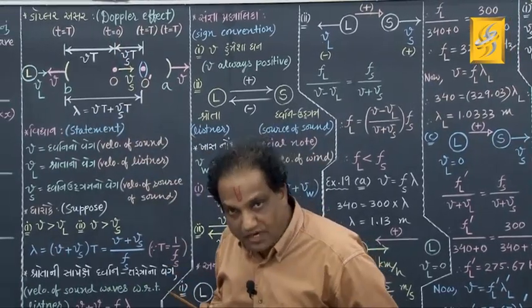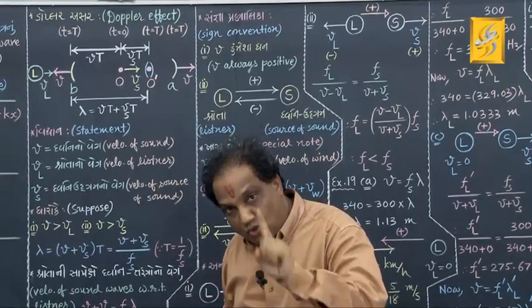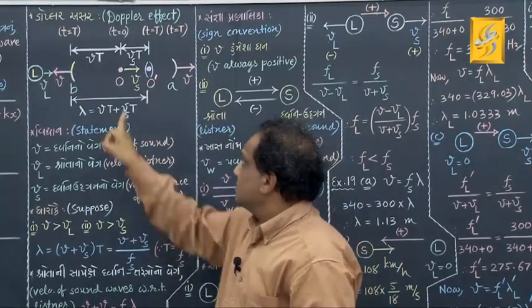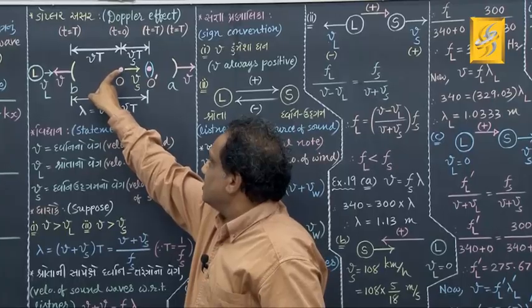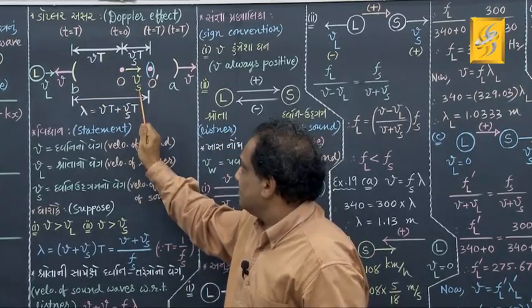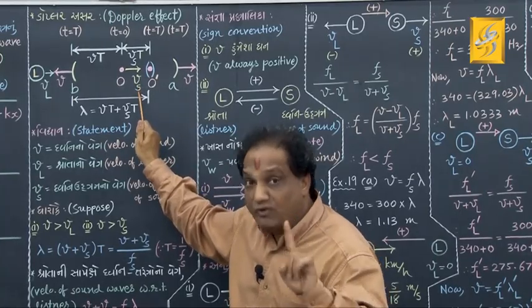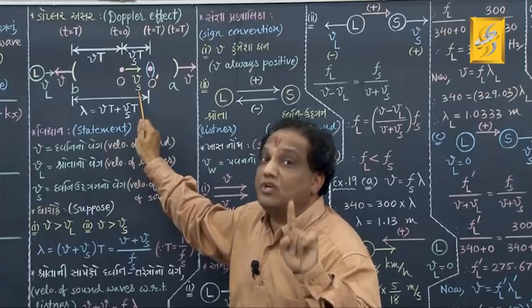Correct? Suppose that source of sound moves towards right hand side this way with a constant velocity Vs, that is velocity of source.